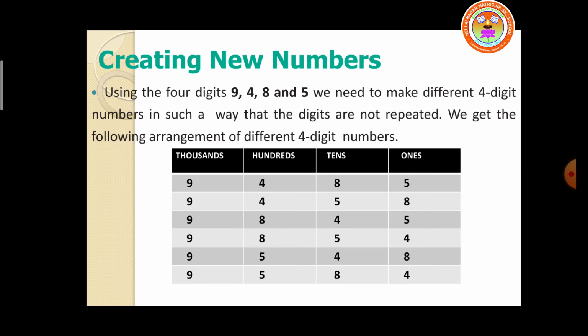Like that you can change thousands also. Okay, you will get more forms of numbers with a 4-digit number. Is it clear? So you can try it and see. You can write different forms of numbers using this 4-digit number. Is it clear, children? Yes.